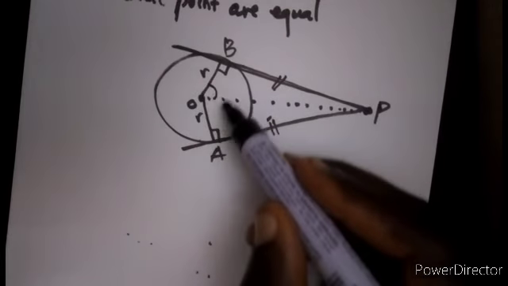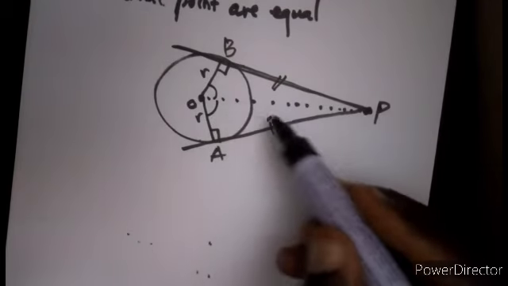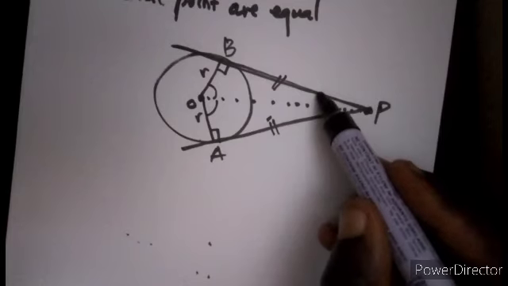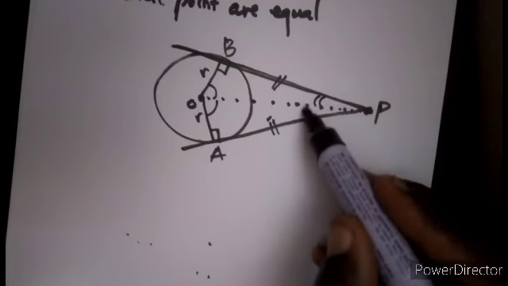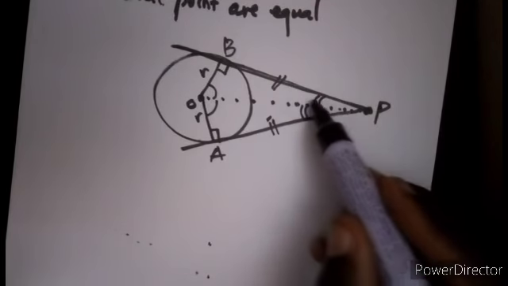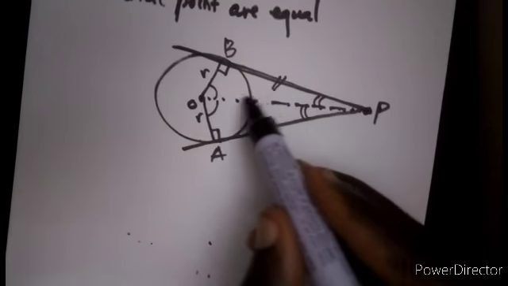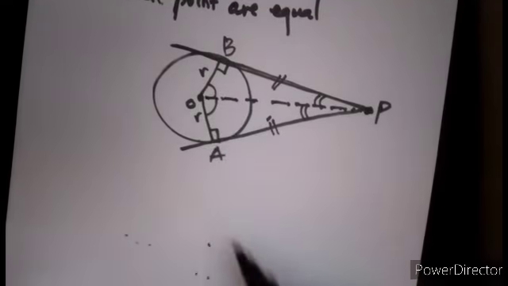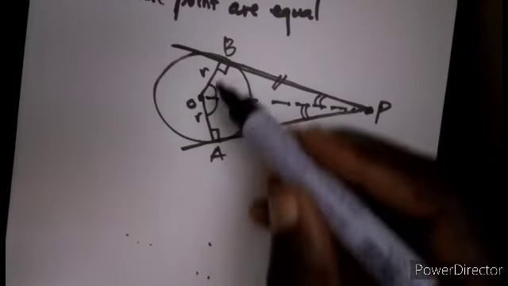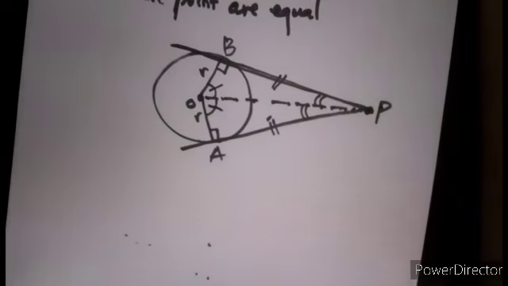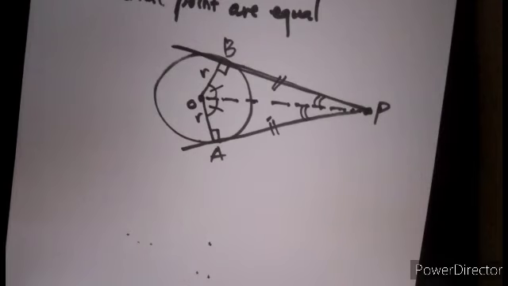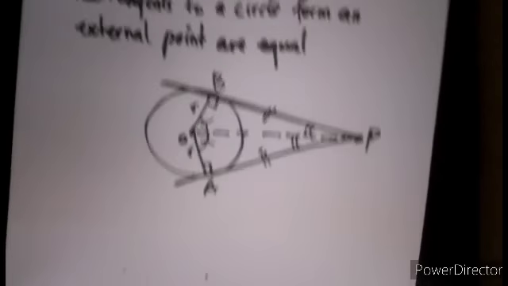This angle is equal to this angle. Also, this angle here is equal to this angle. So that's what we mean by that statement.